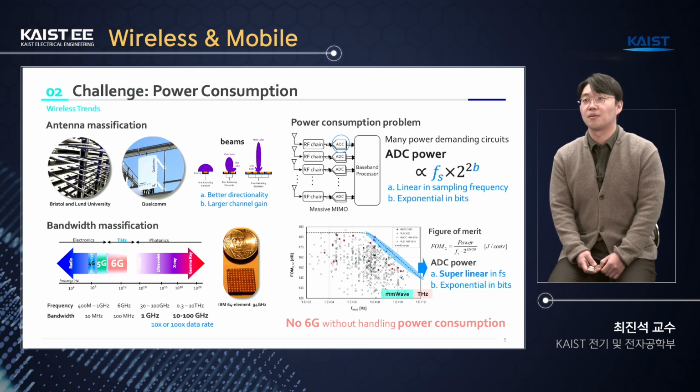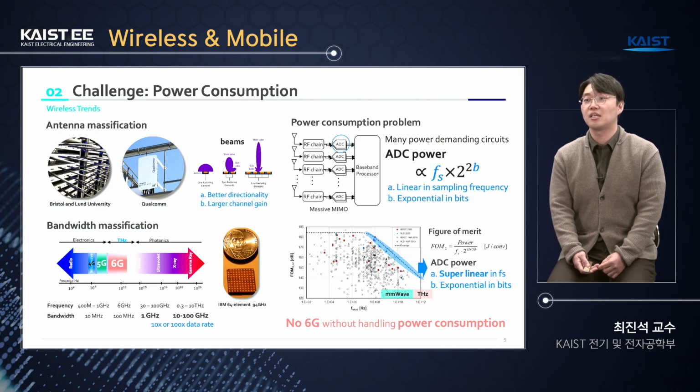In this regard, the power consumption issue happens at the base station as well, because very power demanding devices and circuits such as the analog to digital converter increase with the number of antennas and also increase with the bandwidth.